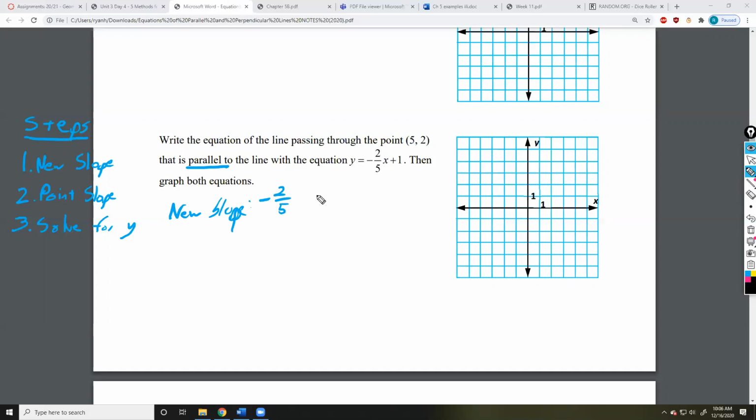And now we're going to write our point slope form. Y minus the y coordinate equals our slope times x minus the x coordinate. So I'm going a little faster today because we're not doing anything different. I'm just doing a couple more examples to get you more comfortable with it. Y minus your y coordinate. Y coordinate here is 2.